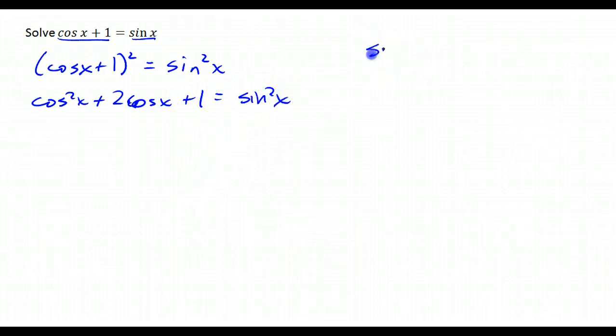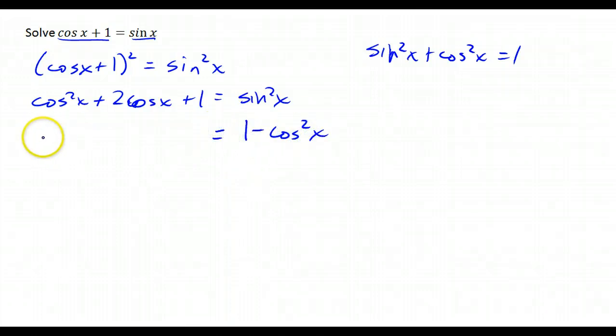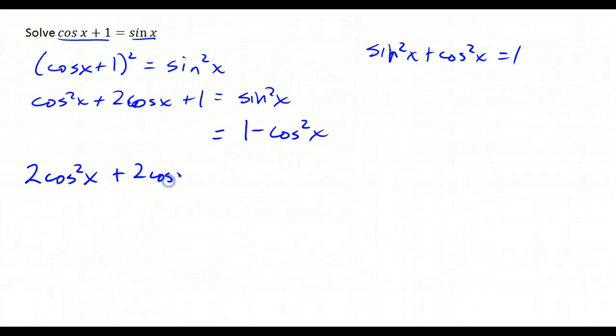And remember that sine squared x plus cosine squared x equals 1. So I can replace that sine squared with 1 minus cosine squared. Okay, so if I add cosine squared to both sides, I'm going to get 2 cosine squared x plus 2 cosine x. And then I can just subtract 1 from both sides and I get 0.